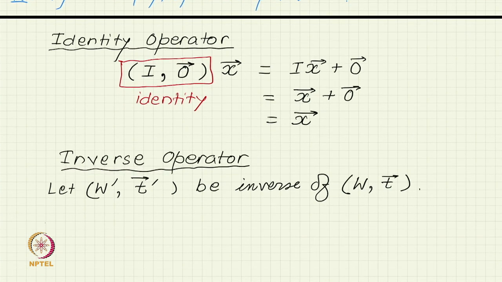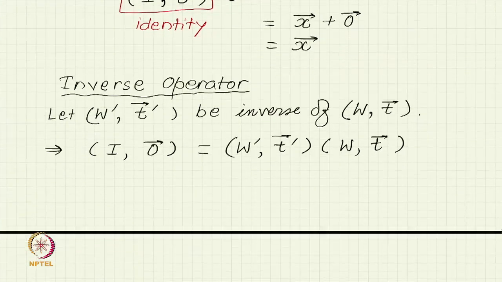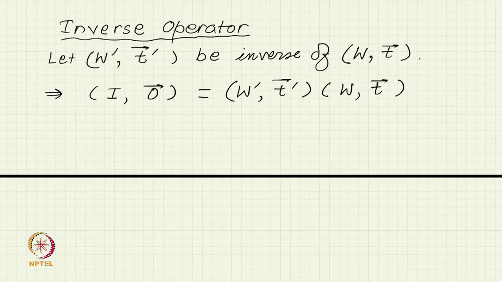So, this means that the product of these two is an identity operator. So, if I multiply the inverse of W T and W T, I should get an identity, that is by definition of inverse.